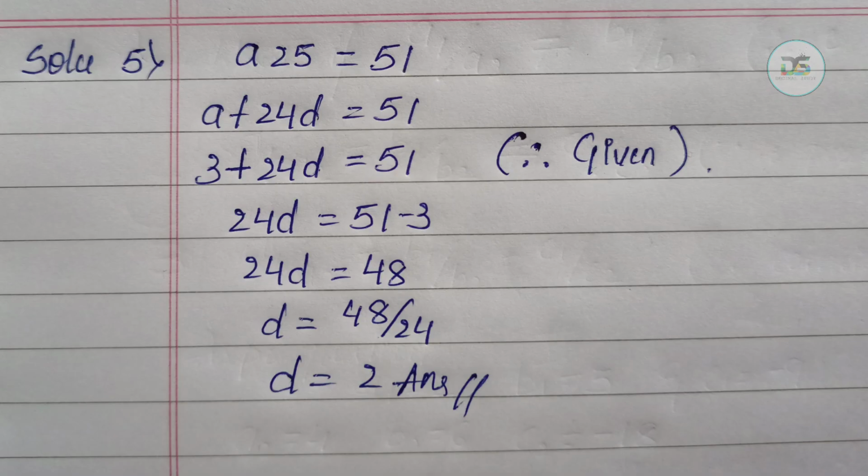Since it is given a25 is equals to 51, we can write that a plus 24d is equals to 51. Putting value of a as 3, 3 plus 24d is equals to 51. So by solving this, we can say that d is equals to 2.